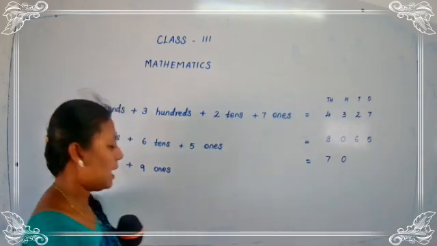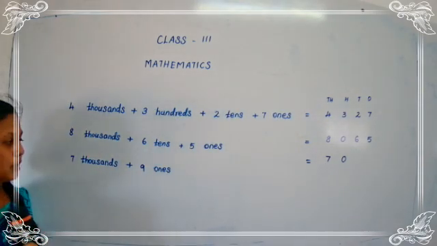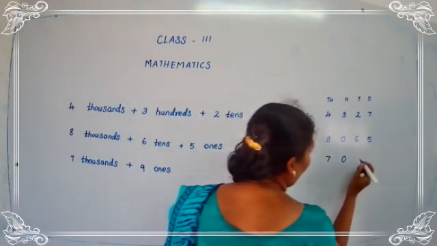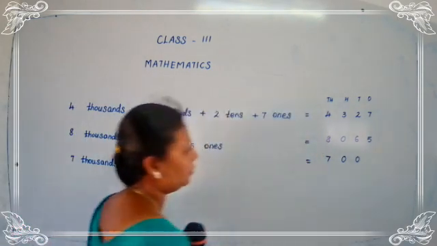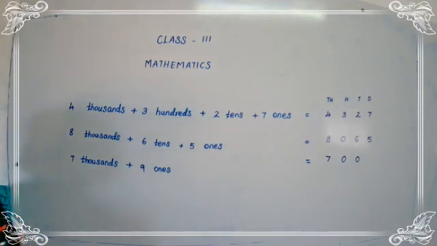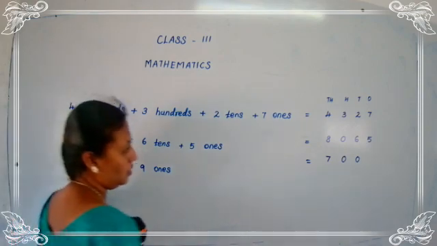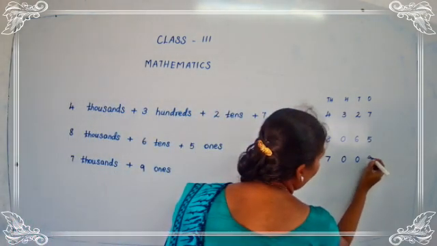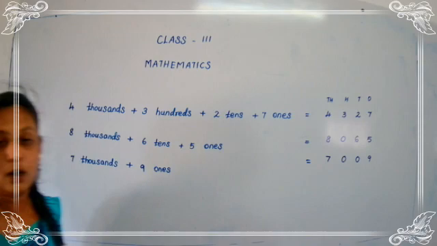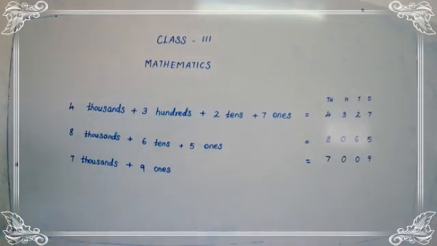Okay, see the tens place. Are any tens values given? No. So we have to use 0. Then see the ones place. How many ones are here? 9 ones. So in the ones place we have to write 9.